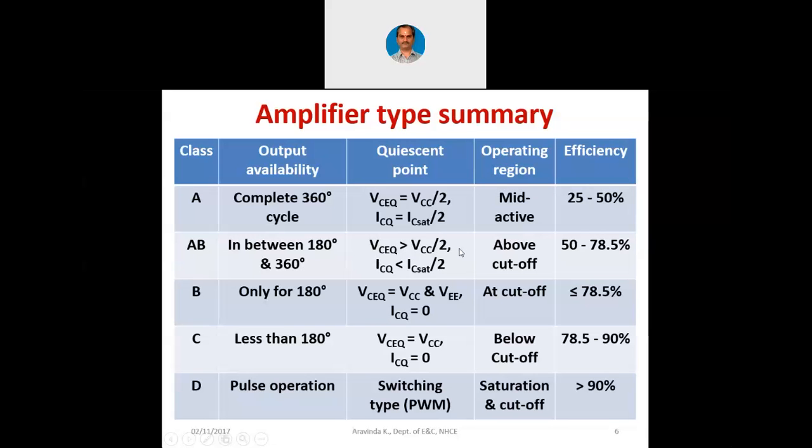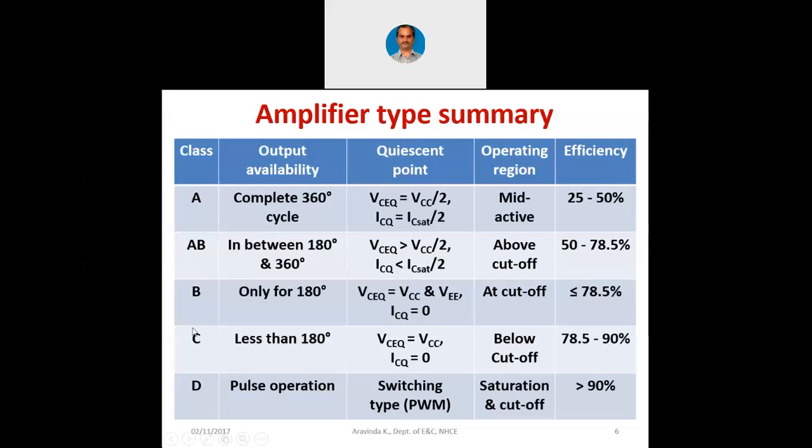Why? The transistor is very much nearer to the cutoff region. You know that when the transistor is nearer to the cutoff region, collector voltage will be nearing the supply voltage itself. So VCEQ is greater than VCC by 2 and ICQ is less than IC sat by 2 because the transistor is nearer to cutoff region.